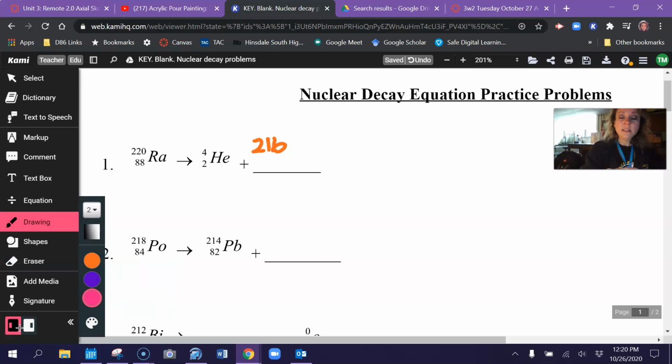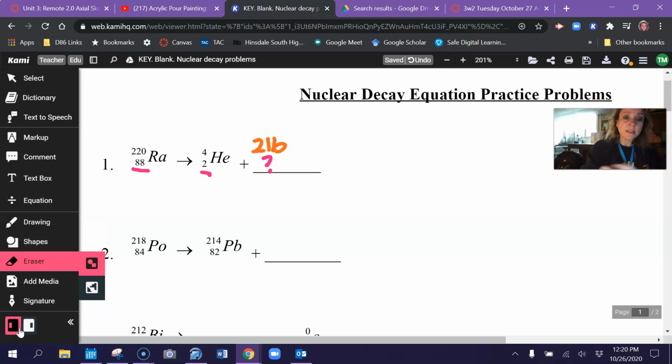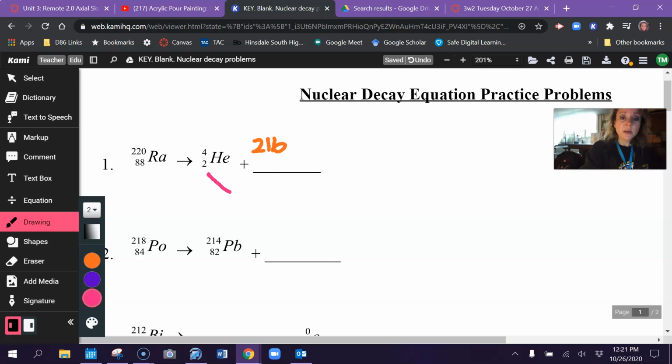Okay, now let's look at our atomic number. Our atomic number on the reactant side is 88. On the product side, I have 2, and I have to figure out what my atomic number is for my radioisotope. Well, remember that the atomic numbers on the product side have to add up to equal 88.